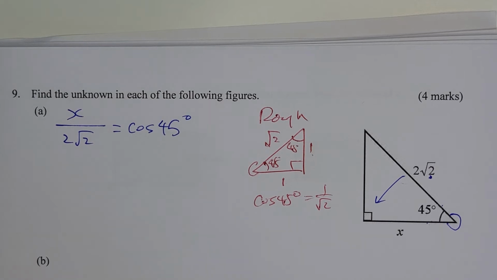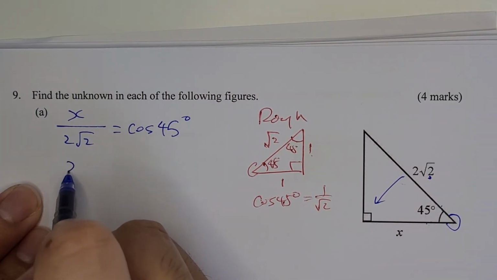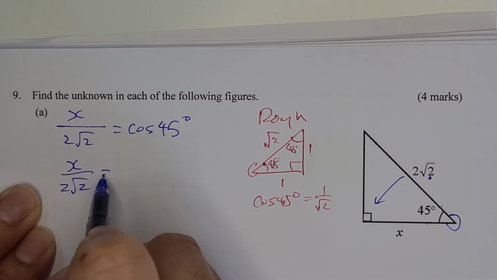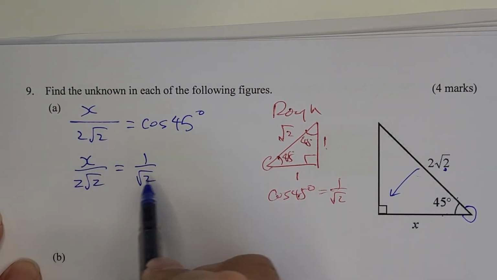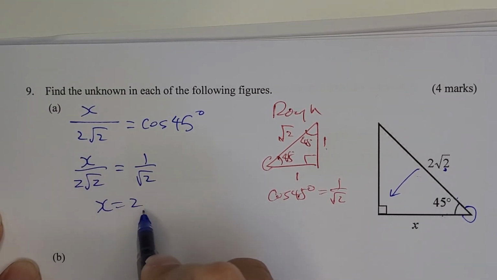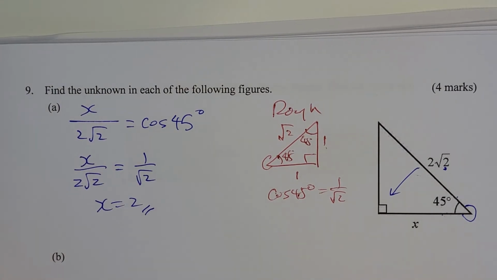That's the way you can find cosine 45 in surd form. Here you can write it this way: cosine 45 is 1 over root 2, and then multiply this one to the other side, x equals 2. Then you will know that x is exactly equal to 2.